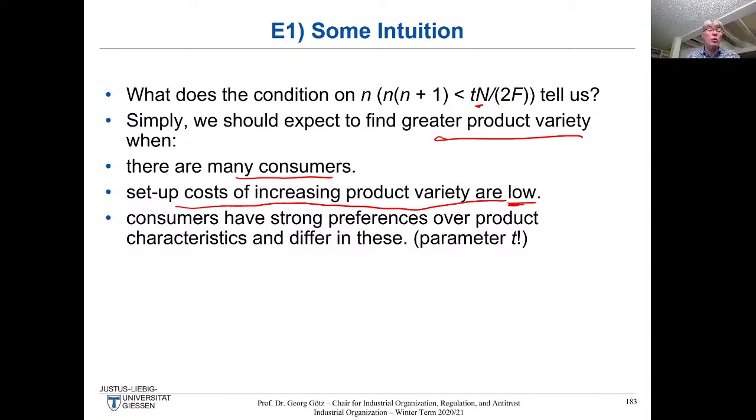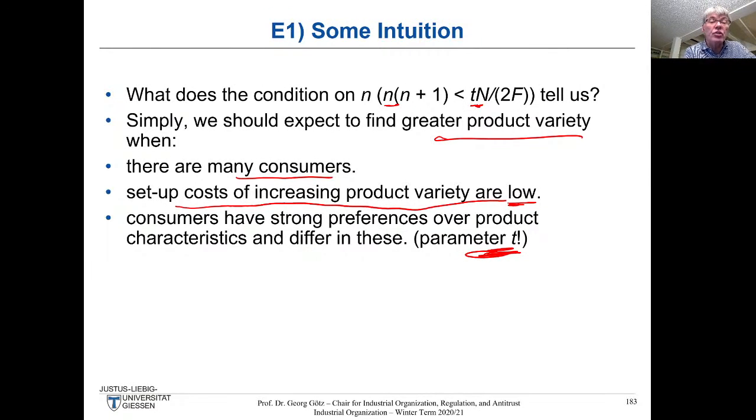So under what circumstance will we have many shampoos? Yeah, if adding an additional shampoo variety is very cheap, that can be because you just put the same shampoo in and just put a different label on your pack, on your bottle. And of course if you have many different consumers, and also if this parameter t is large, because that also relaxes this condition.